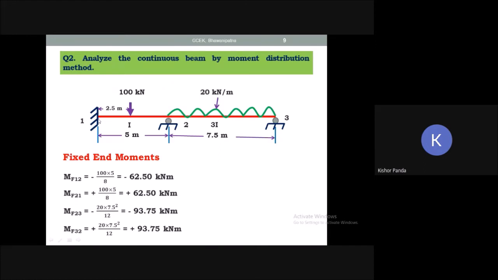Here you take R12 is equal to 0 and R32 is equal to 1. Then find out the other distribution factors, R21 and R23. R21 is equal to K21 divided by K2, and R23 is equal to K23 divided by K2.